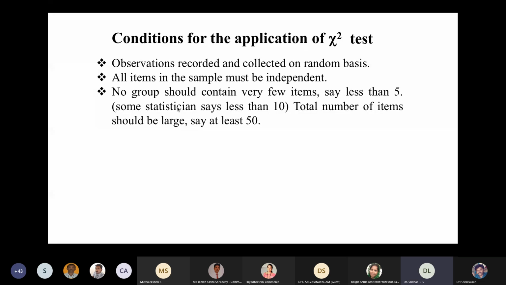So next, for the chi-square test, you should understand the observations are recorded and collected on a random basis. All items in the sample must be independent. No group should contain very few items, say less than 5. Some statisticians say 10. The number of items should be more than 50.